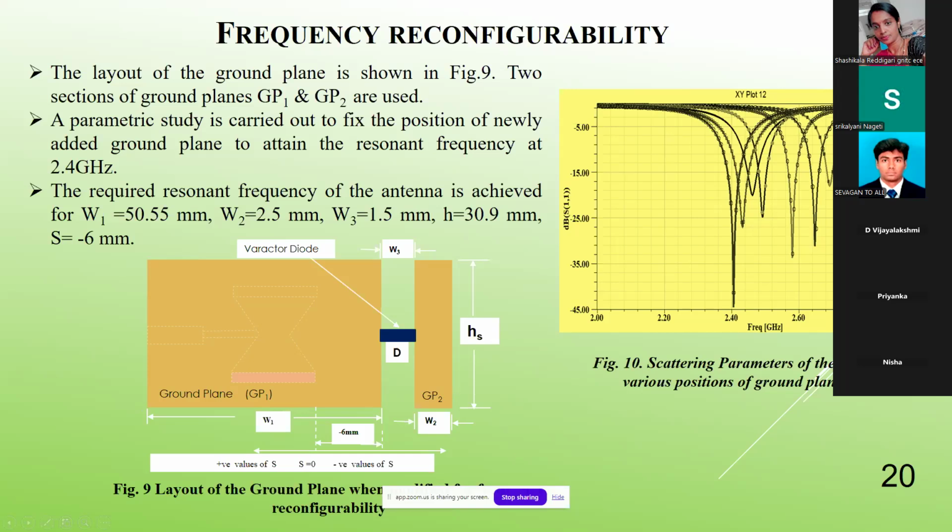Like this, plus or minus within that, we have gone for a parametric study, and accordingly we have checked the reflection coefficient. For this case, 2.5 is giving a better reflection coefficient, so from this we have considered the 2.5 millimeter value. The rest of the values were also chosen using parametric studies.